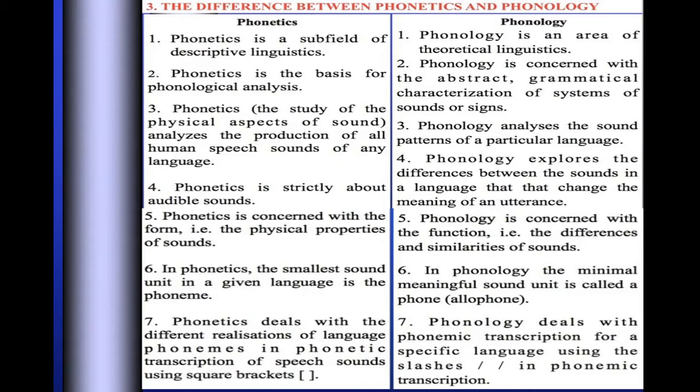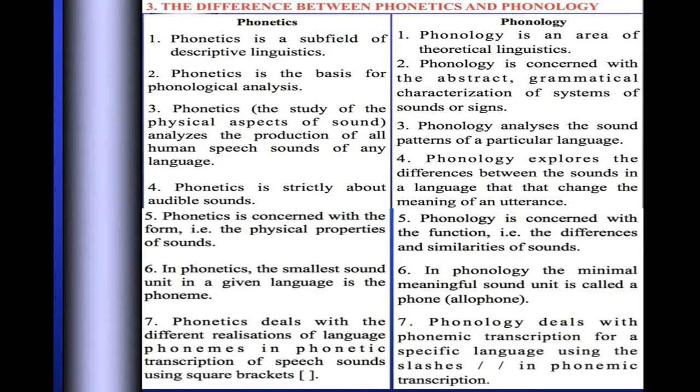Number 5, phonetics is concerned with the form, i.e. the physical properties of sounds. Phonology is concerned with the function, the differences and similarities of sounds. Number 6, in phonetics, the smallest sound unit in a given language is referred to as phoneme.